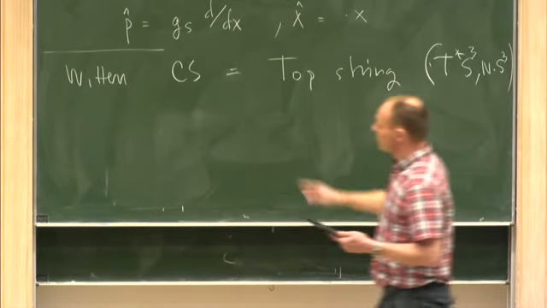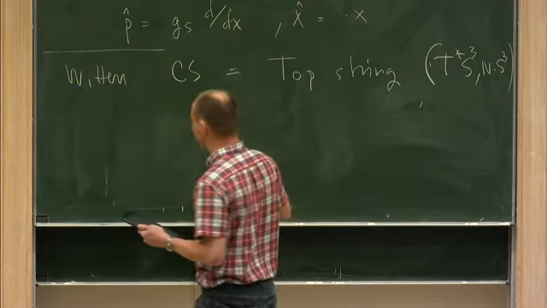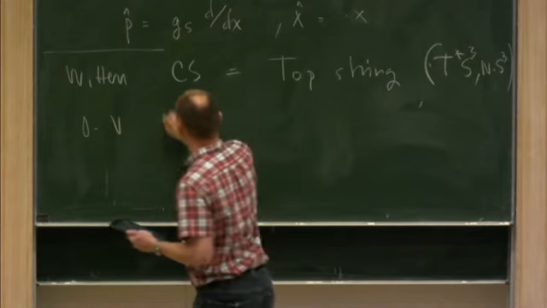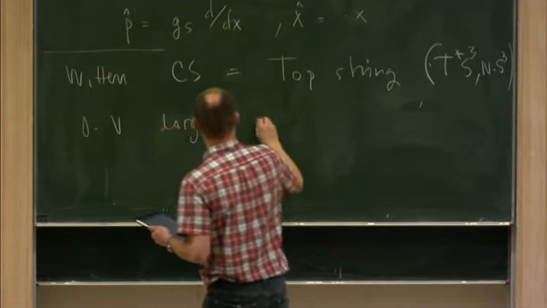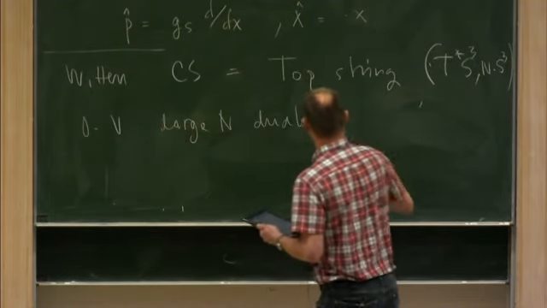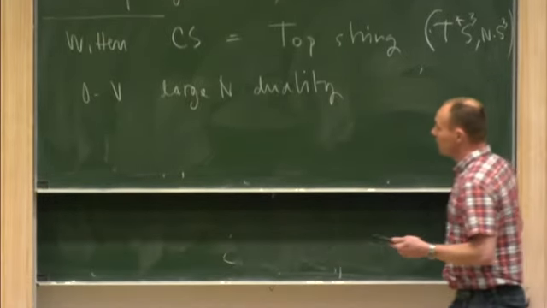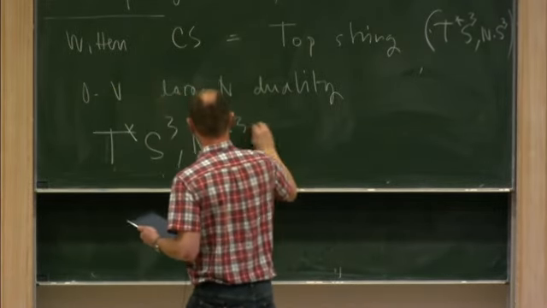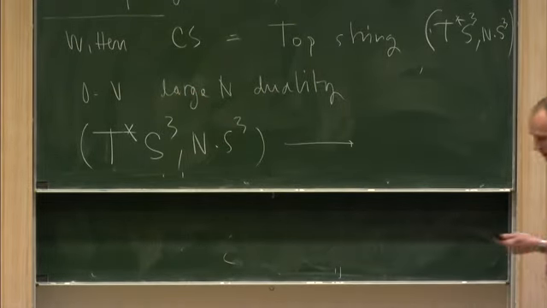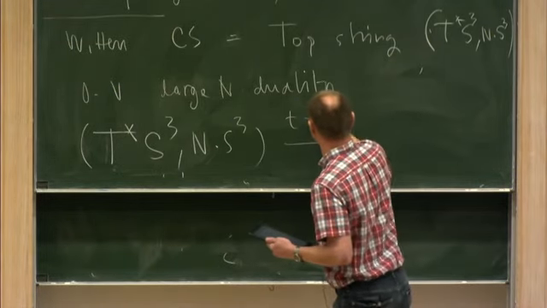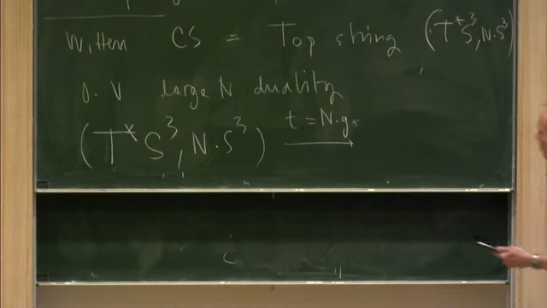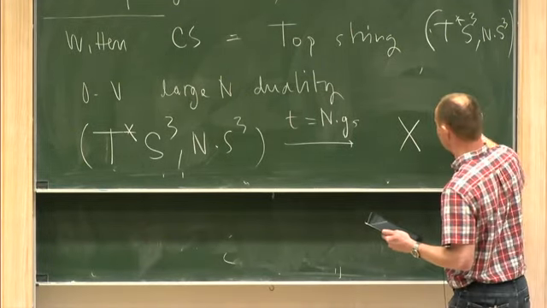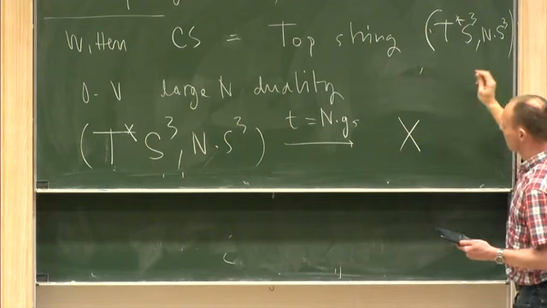And then, so these are of course extremely brief, and I'm not saying anything about why, but then there is this Ooguri-Vafa large N duality, which says that we can take this T*S^3 with N zero sections over to, as N is getting large, this open string theory can become a closed string theory in the resolved conifold.